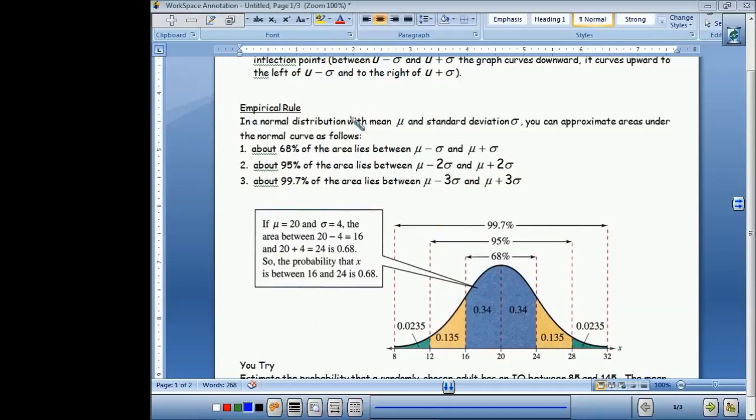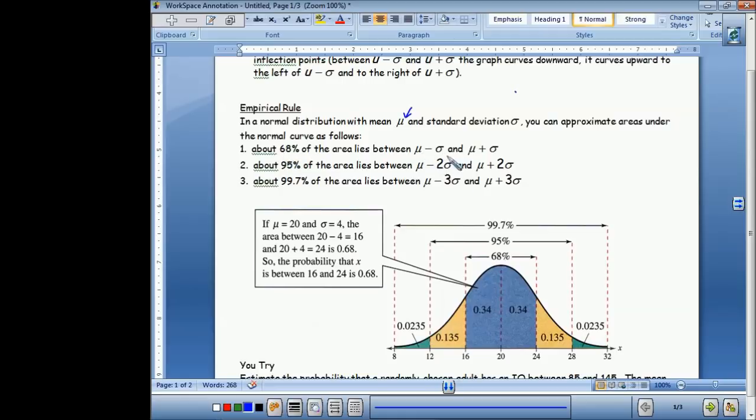Okay, so let's summarize the empirical rule one more time. If we have a normal distribution with a mean of mu, and mu means the average for the entire population, so this is our symbol for mu, with the standard deviation, you can approximate the areas under the curve as follows.